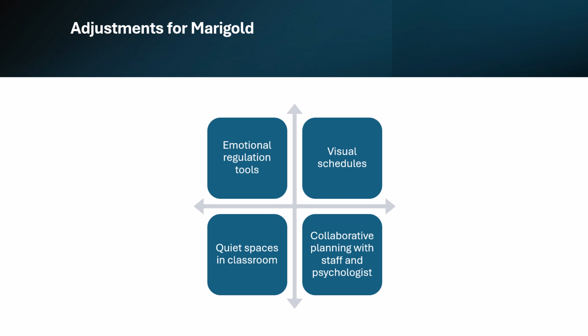The adjustments for Marigold include emotional regulation tools, visual schedules, and quiet spaces in the classroom so that she could get some relaxation time when she is feeling anxious, followed by collaborative planning with staff and psychologists on a regular or need basis.